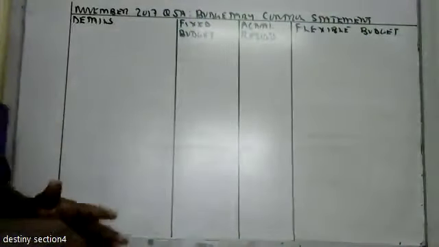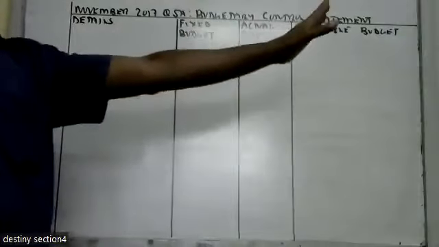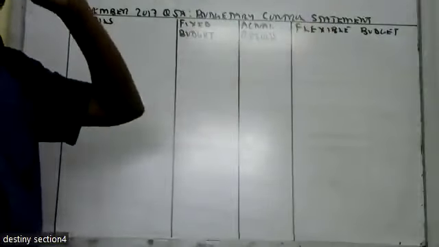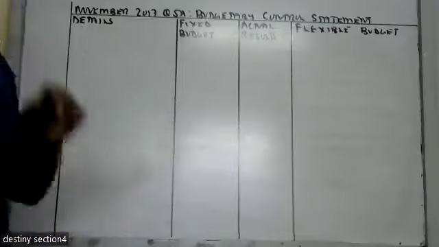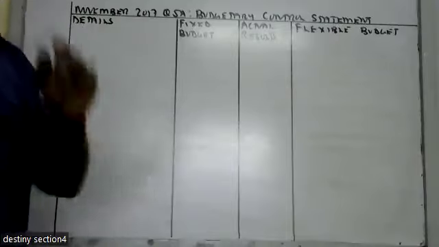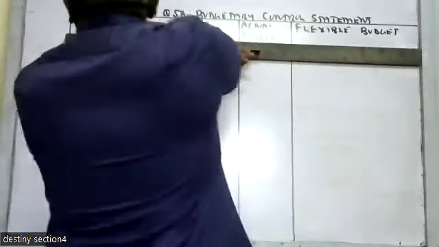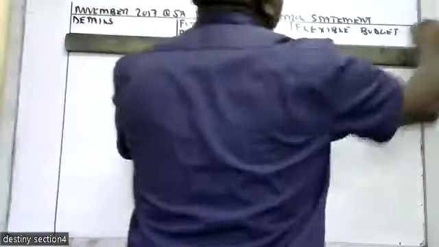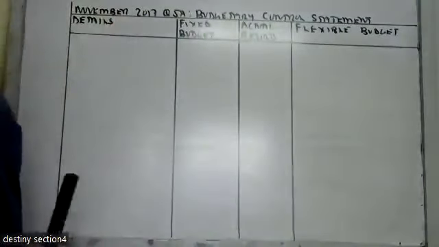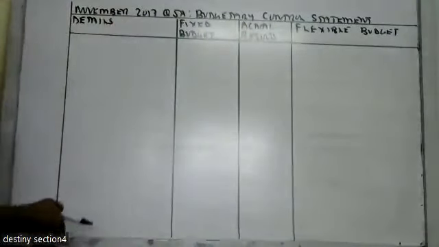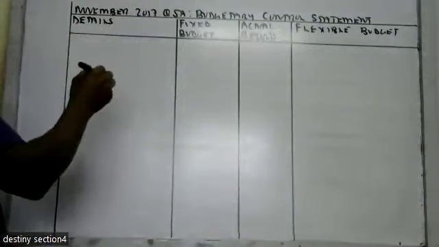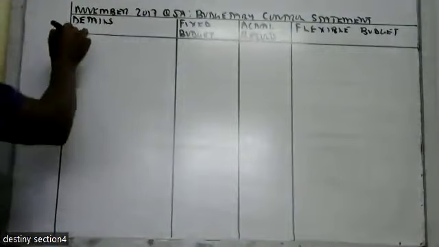inaitwa flexible budget. Kuna other two columns huwa tunaweka huko mwisho za variances, but sababu sijawafunza variances, I just want, na even this question haijauliza. So, nataka tu tunafike tu hapo. So, hapa huwa tunaweka units.